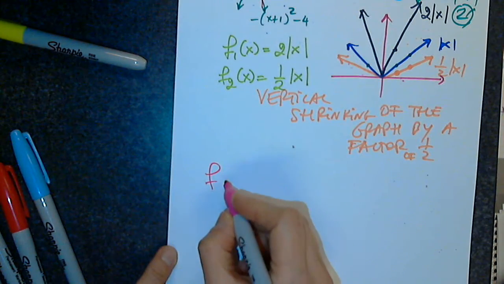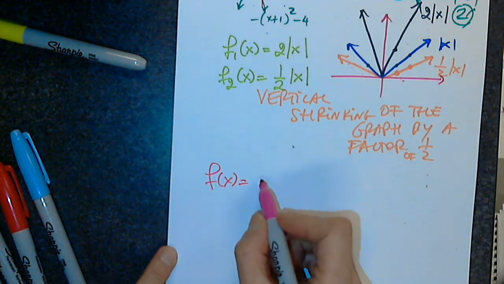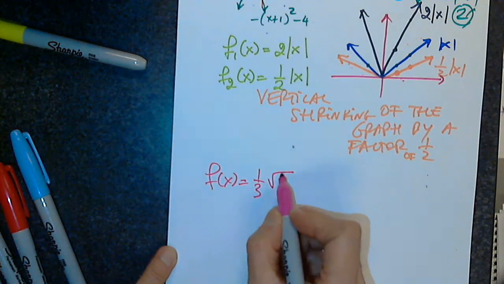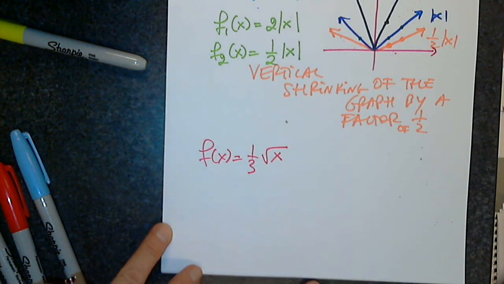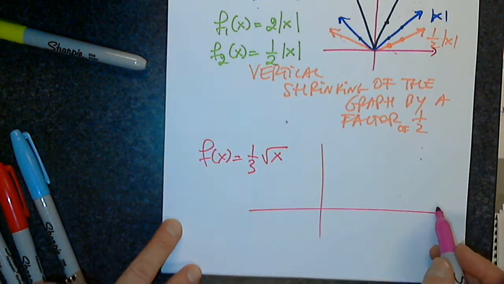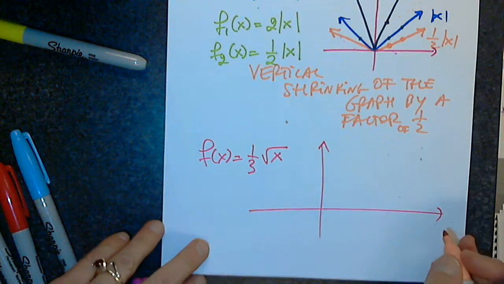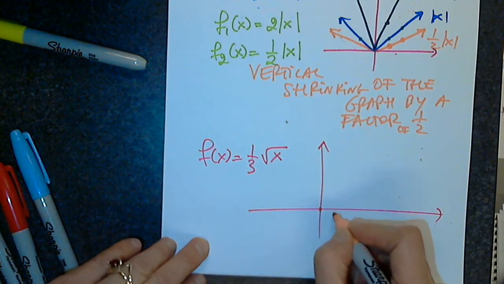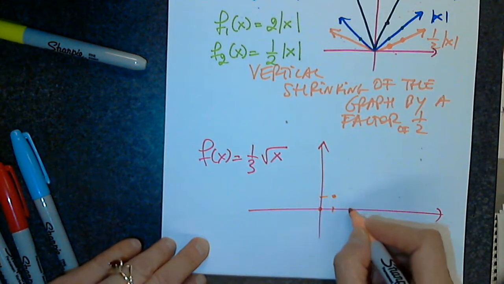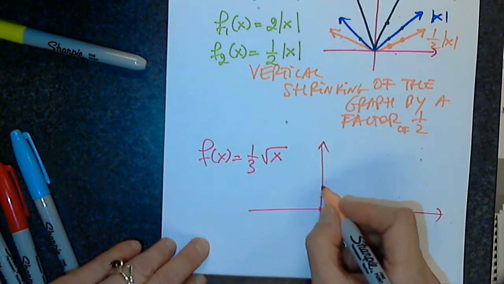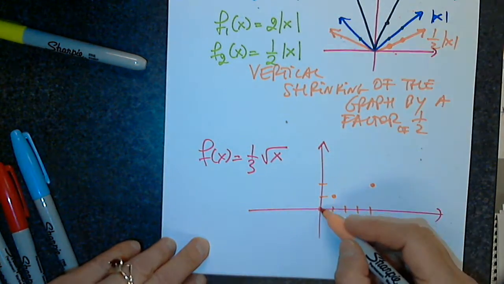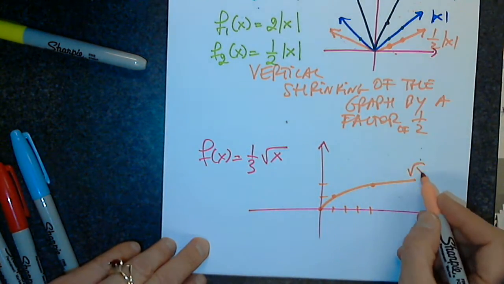So here's another example. Let's say f of x equals 1/3 the square root of x. How will I graph this? What is the base function? Yes. So let's find some points this time in order to illustrate. So (1, 1), (4, 2), and so on. So this is the graph of the square root of x.